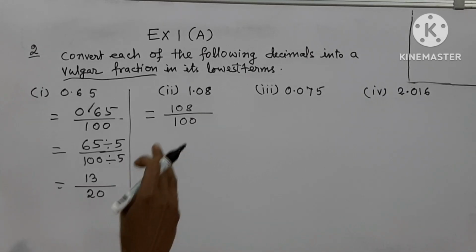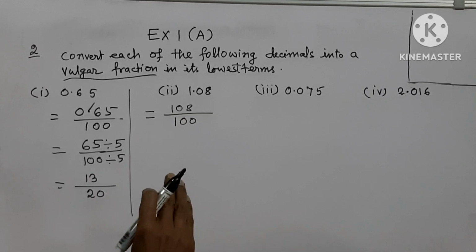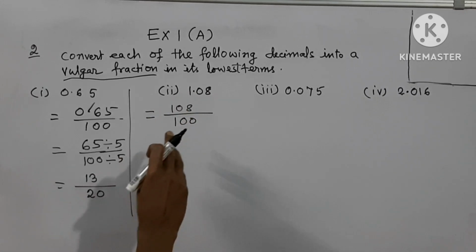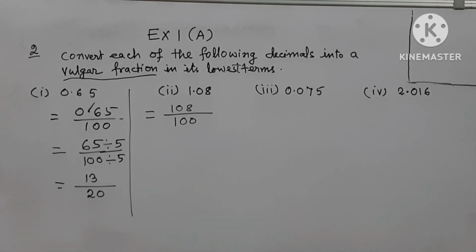Always you have to count from the right side. Right side, after 2 digits, then you have to put in the denominator after 1, 2 zeros. 108 by 100.